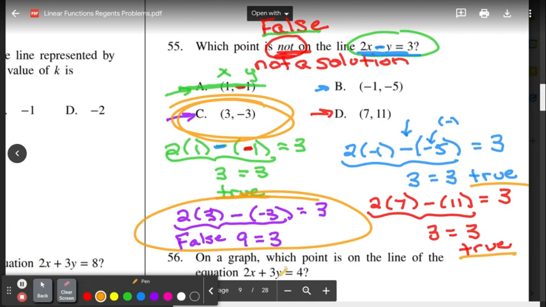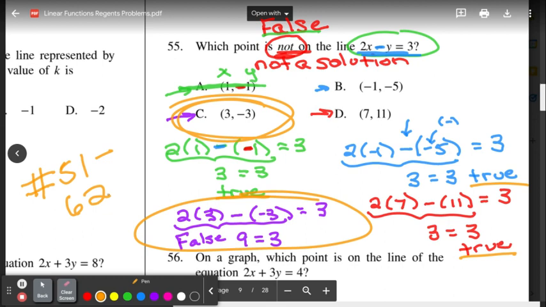What you're going to do now is pages 9 and 10, problems numbers 51 through 62. Actually, strike that.